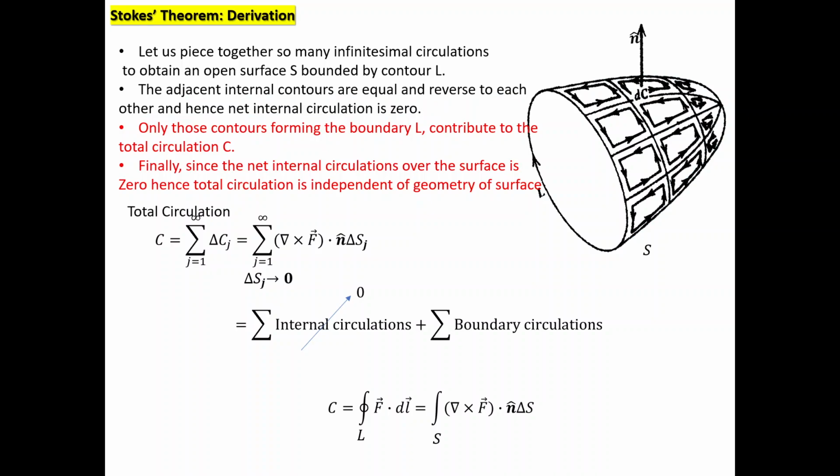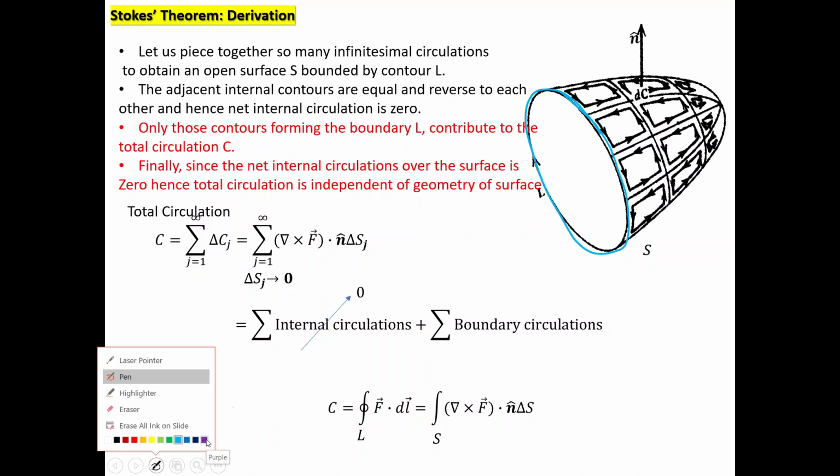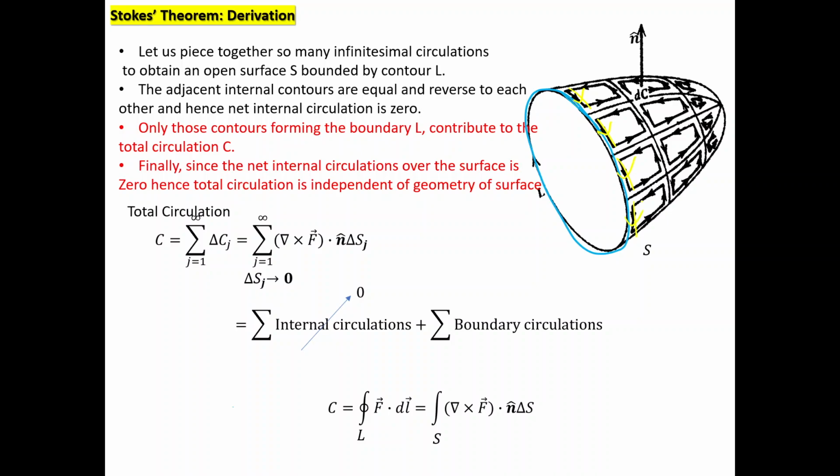But the same case does not happen when you reach the boundary of the surface. What you find here, if you look at here, is that all these circulations add up. See? They do not cancel out each other.